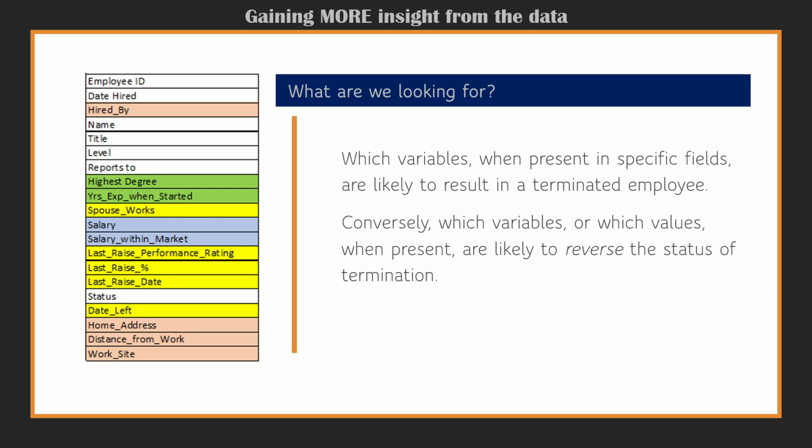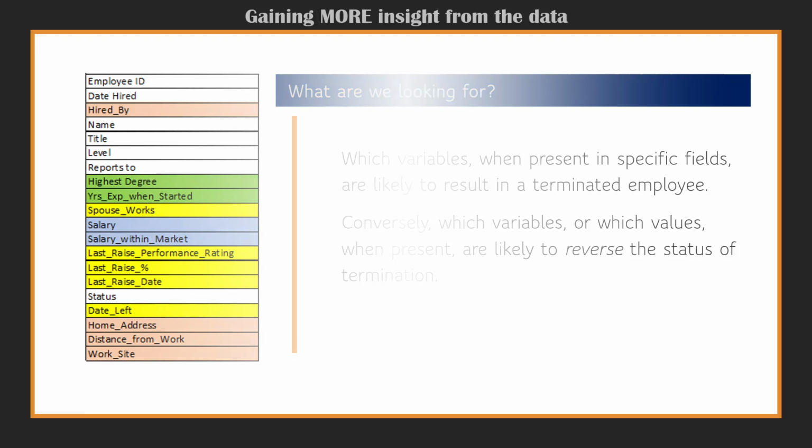So again, that's one factor that we stumble upon. Now that we're looking at 18 or 19 different fields, there could be perhaps a lot more attributes as well. And how do we rephrase that? Which variables or which values of those variables, when present, are likely to reverse the status of termination? Okay, again, same question asked in two different ways. So let's continue.